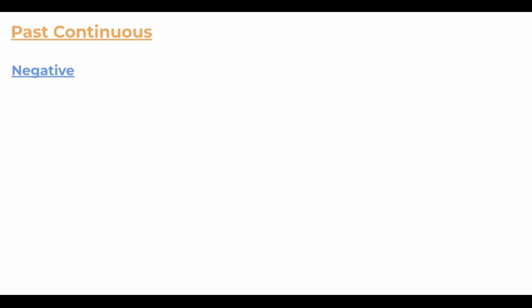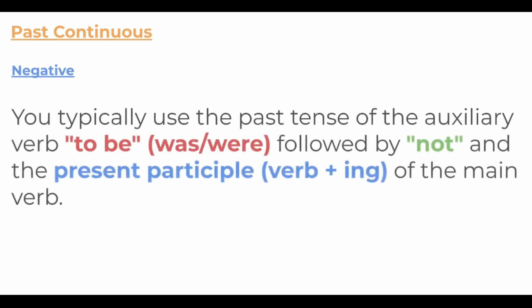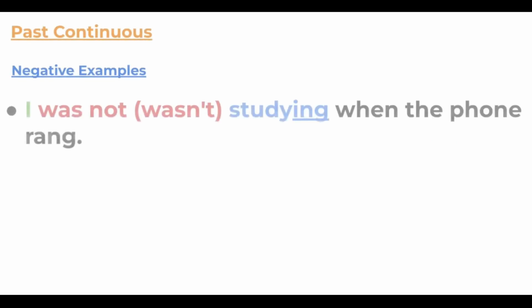Okay, negatives now. So you can form a negative by using to be, past tense, was or were, followed by not and the present participle, that ing. Let's look at some examples. I wasn't studying when the phone rang.